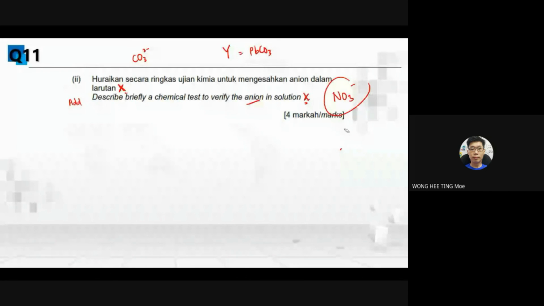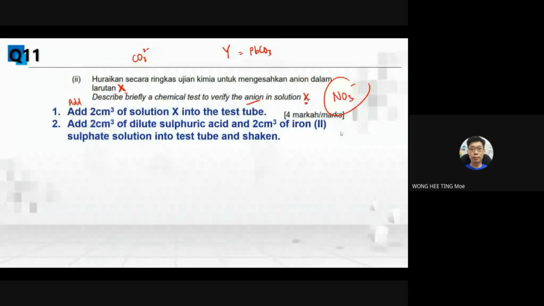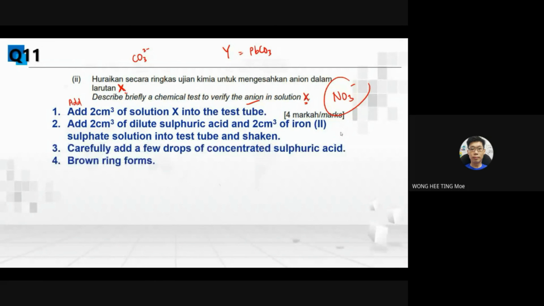Okay, corrected one. Later we put in the volume, like this. You form the brown ring. Brown ring.